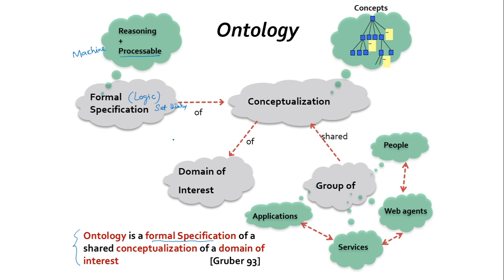The core of this idea is how we formally represent a piece of knowledge about a particular domain, and that is basically called an ontology, right? And this will be the point of discussion for this module.